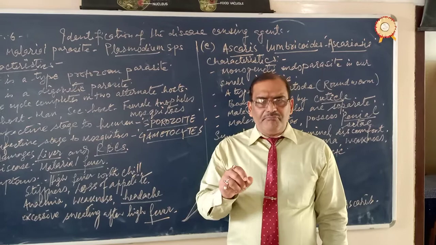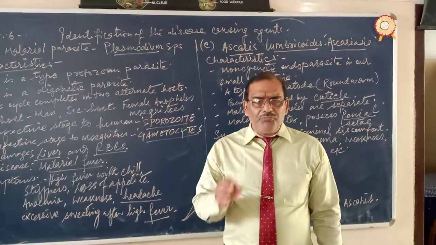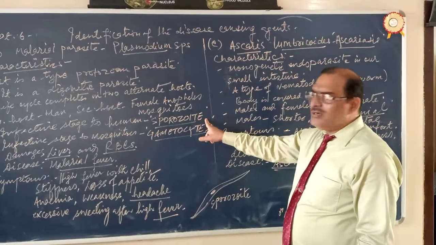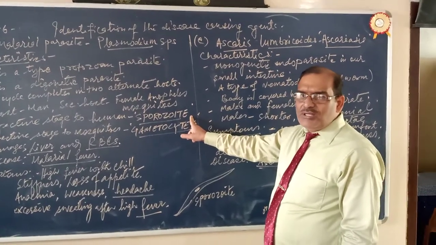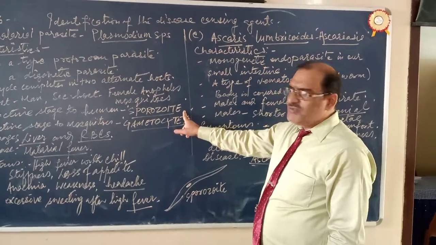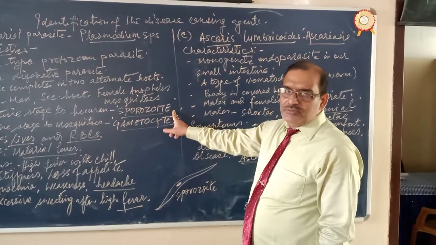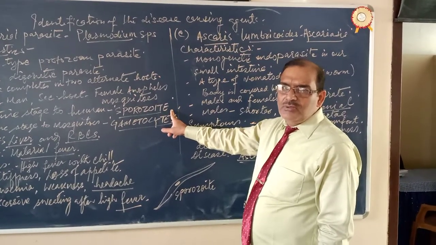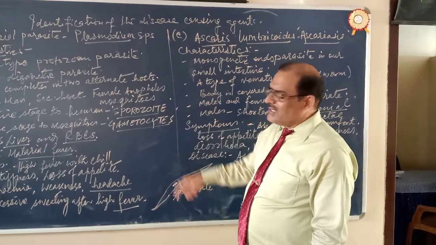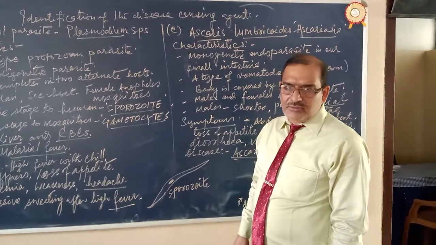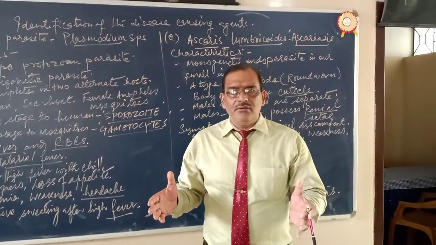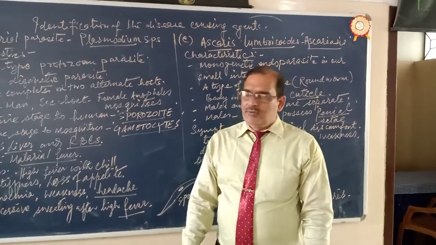Through the minute pore in the skin, the sporozoite can enter the human blood, and after entering, first of all it attacks the liver. It multiplies asexually in the liver, and thereafter it infects the RBCs. So it multiplies in two types of cells, liver cells and RBCs.